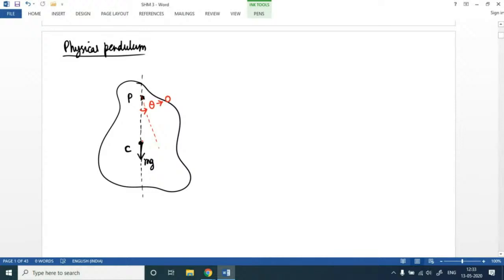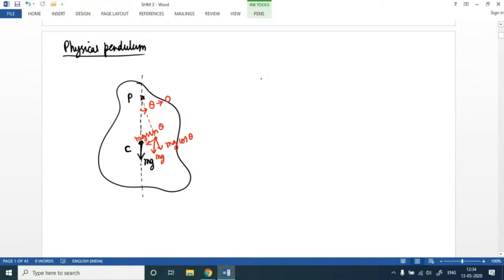Then the center of gravity will come somewhere over here, and mg you can resolve into two components: mg sine theta and mg cos theta. This mg sine theta produces the restoring torque. So can we write the equation of torque?